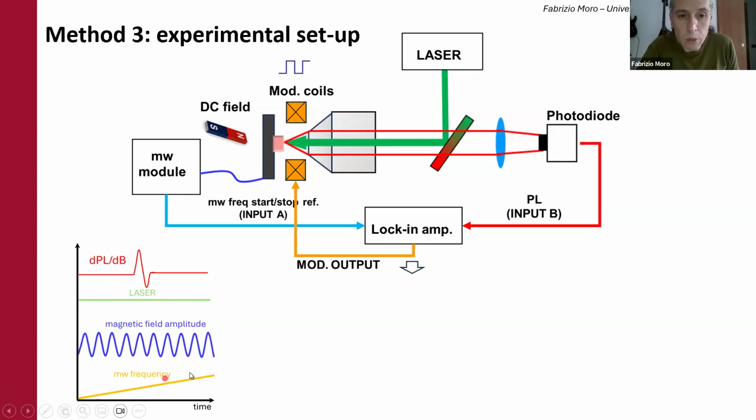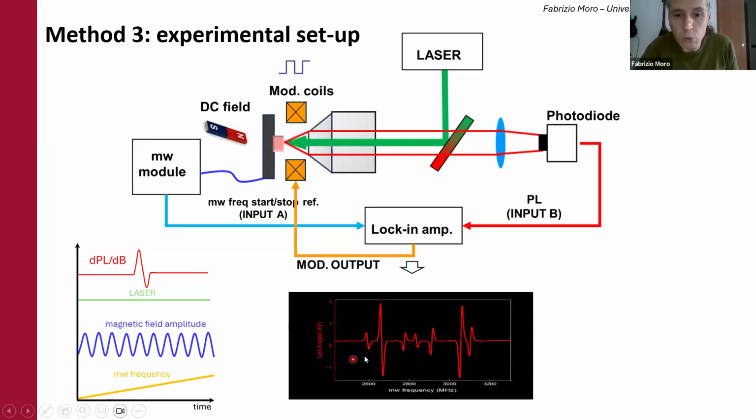The microwave frequency is swept in order to reach the resonance condition. And then we have this magnetic field produced by the coil and the output of the lock-in amplifier that oscillates at a given frequency. What you expect to observe is a first derivative signal of the PL fluorescence from the NV center.